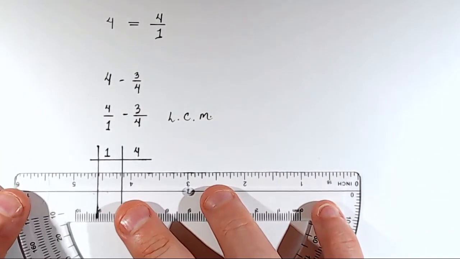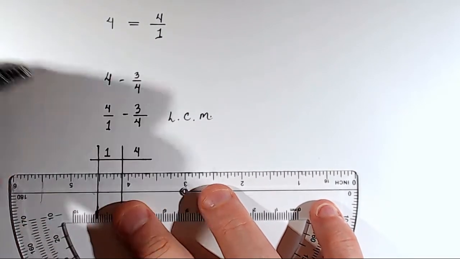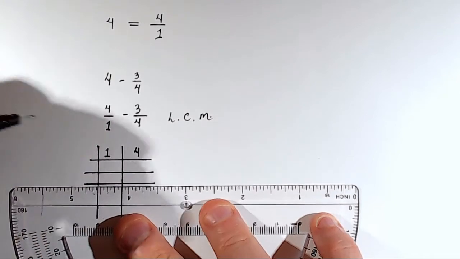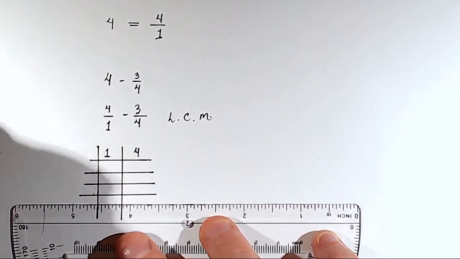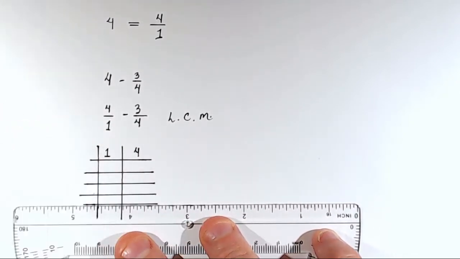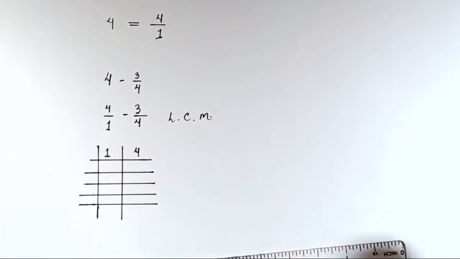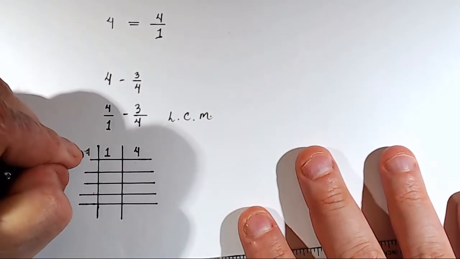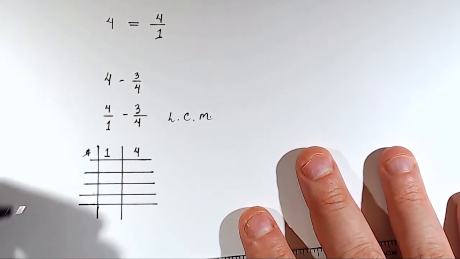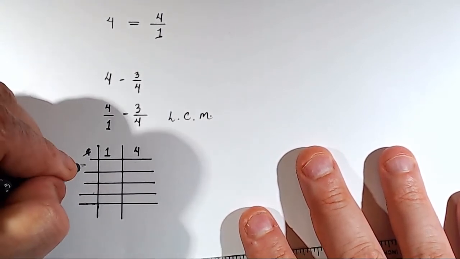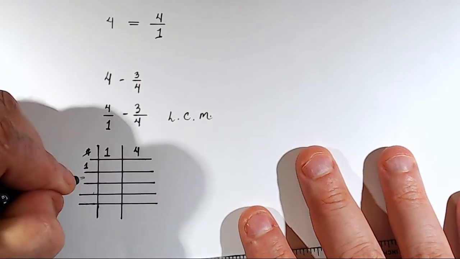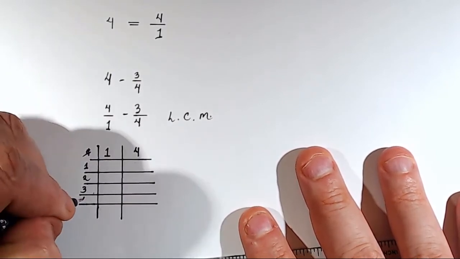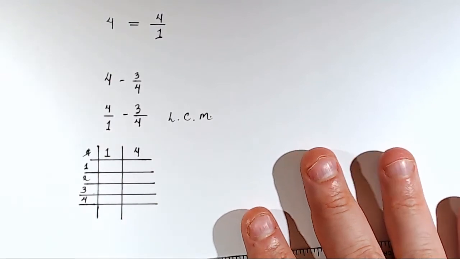And then make these rows like this. And it doesn't have to be an art project, right? Just get the rows down. And then this is kind of your number off to the left here. This is going to be row 1, row 2, row 3, row 4, and you could continue all the rows.